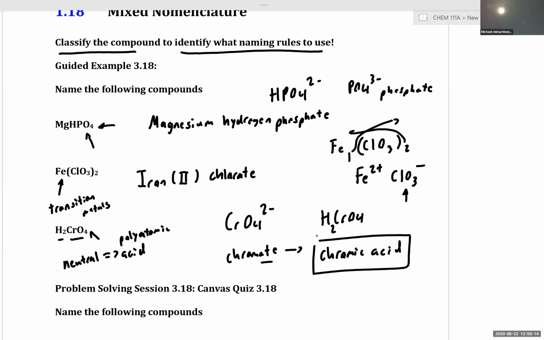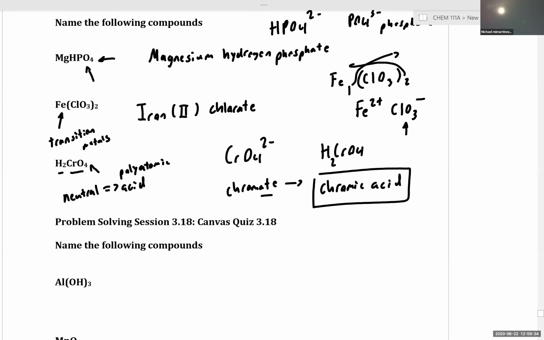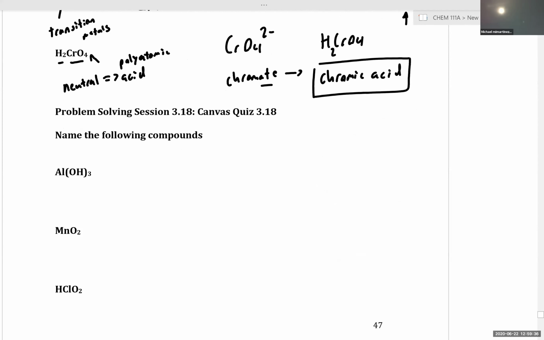And the acid is neutral. So if you see an overall neutral species containing only hydrogen and something else, be it a polyatomic ion or an atomic ion, then it will be an acid. Does that make sense? Yeah, thank you so much. Yep, perfect. So let's now discuss the next example.